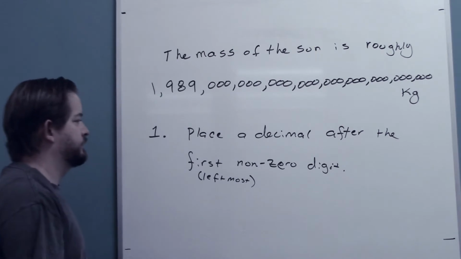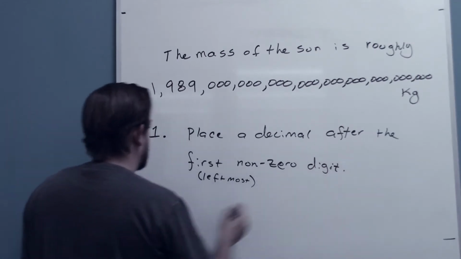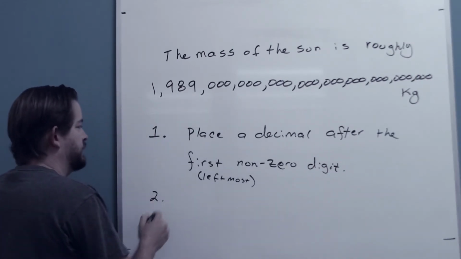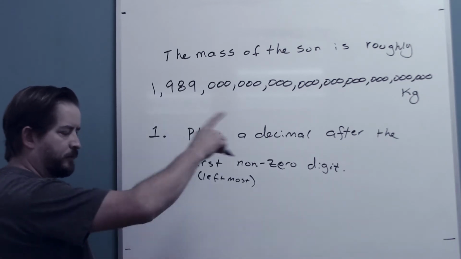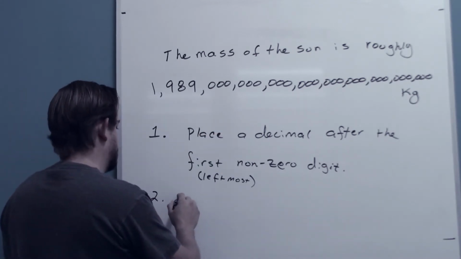Okay. And then after that, 2, you're going to get rid of all of the non-essential zeros.